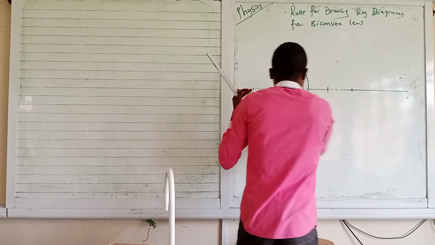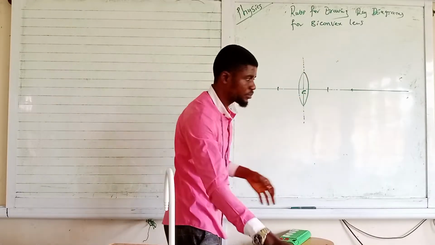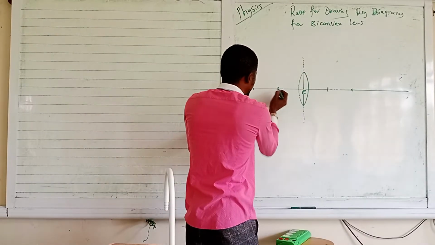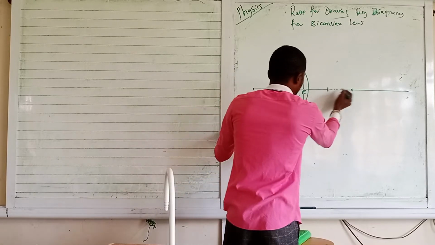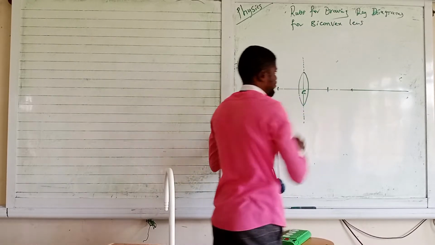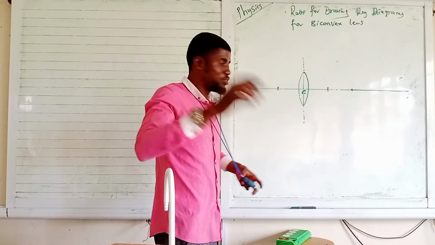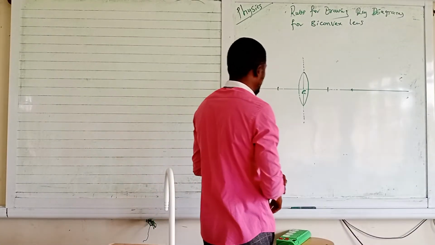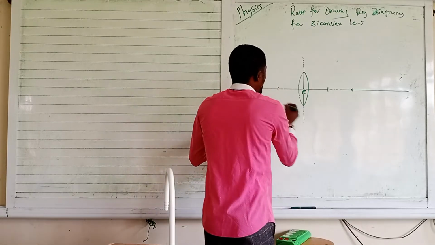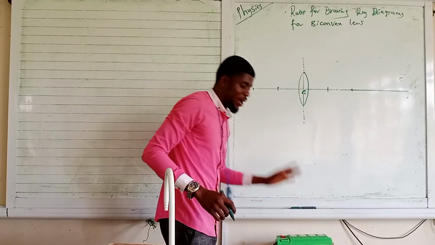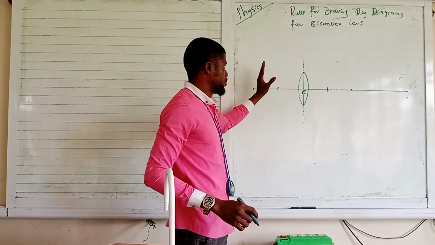Good. So from here to here is 15, from here to here is 15, from here to here is 15, from here to here is 15. The next thing we are going to do is to position. Now, we want to choose our light to come from this angle.